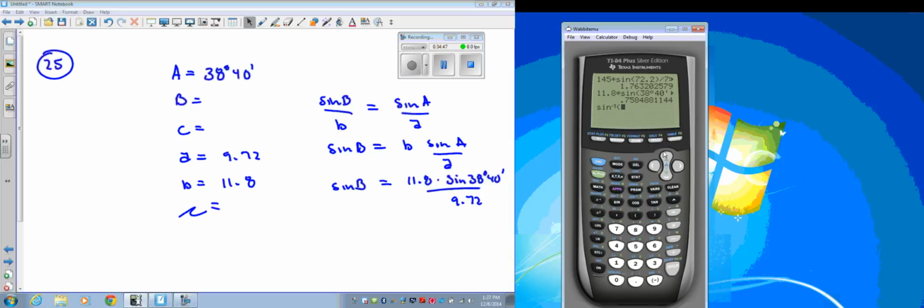And then I want to go up here. So it's 49 degrees, 33 minutes. And that's B. So what I did was B equals sine inverse of that thing.